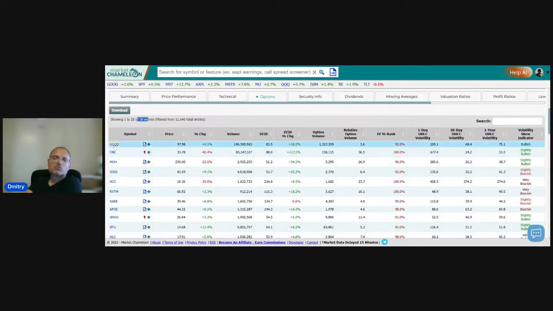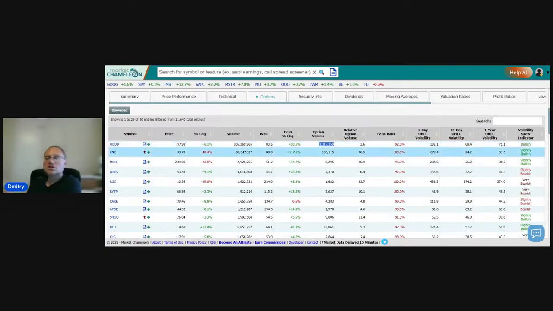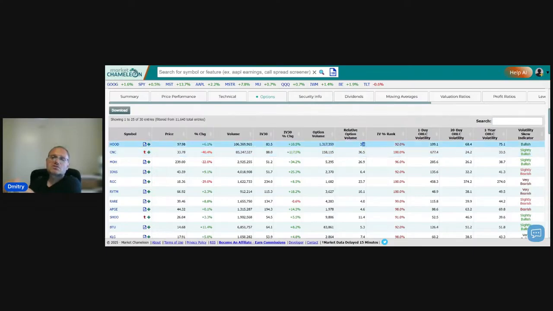In Robinhood, we see that there were 1.3 million option contracts traded, which is 3.6 times normal. And that implied volatility, the 83.5, is in the 92nd percentile rank. 92% of the historical observations were below, 8% above.